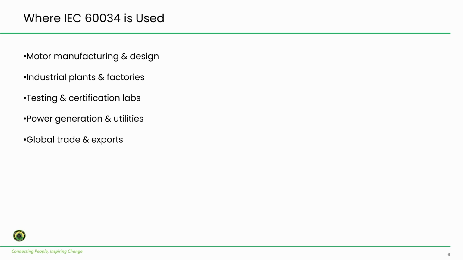So they verify motor performance, temperature rise, efficiency and compliance. IEC 60034 is also important for power generation and utilities, where motors are critical for pumps, fans, and auxiliaries. Finally, IEC 60034 enables global acceptance, meaning a motor designed according to the IEC standard can be used and exported worldwide.